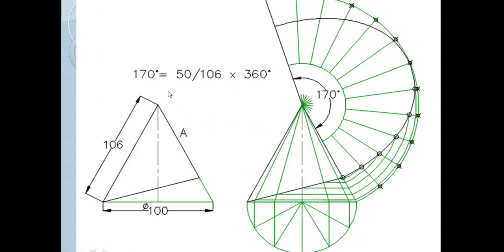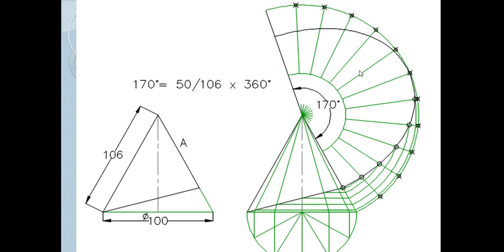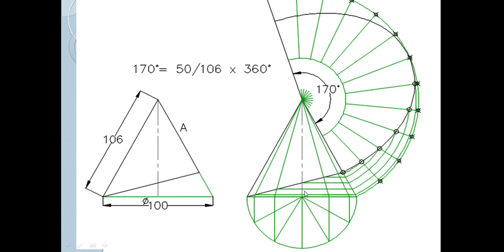In this example, 50 is the radius of the base, 106 is the slant distance, then you multiply by 360 and you get 169 point something, so approximately 170 degrees. So you rotate this side 170 degrees, and you have the angle that contains the development. Again, you divide it into 12, and then you match up the equal divisions to each of the lines.